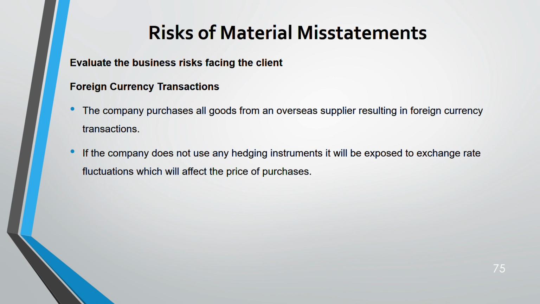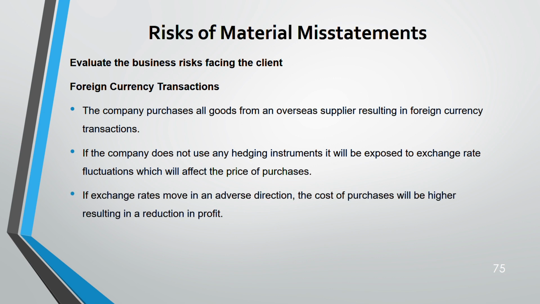Even AFM lectures are there on my YouTube channel, on the playlist AFM lectures, you will get it. Right? So if the company does not use any hedging instrument, you'll be exposed to foreign currency risk. This can affect the price of the purchase, and hence your purchase cost will be higher, which will reduce your profit.